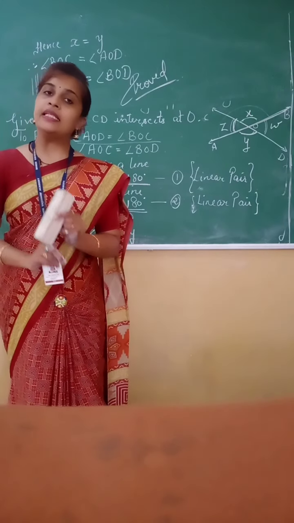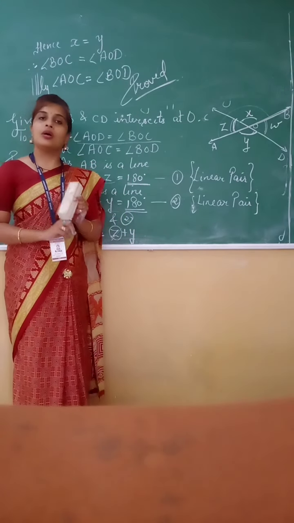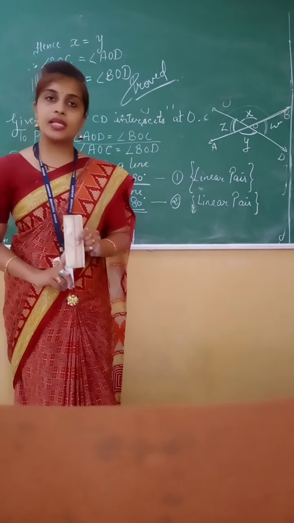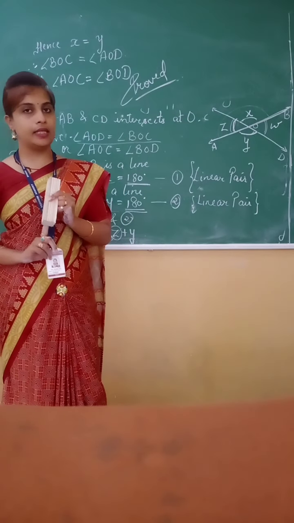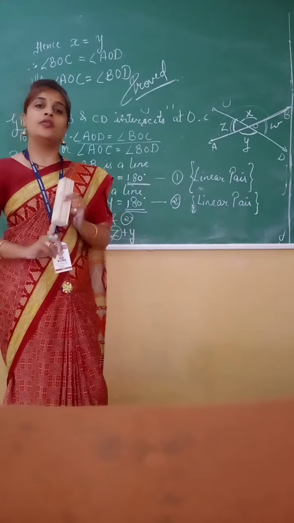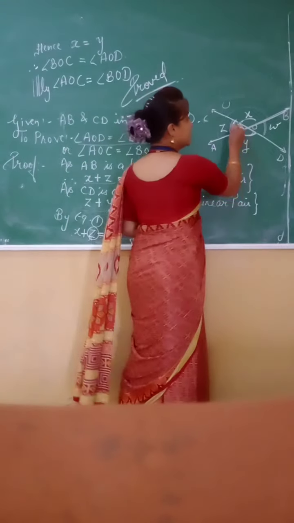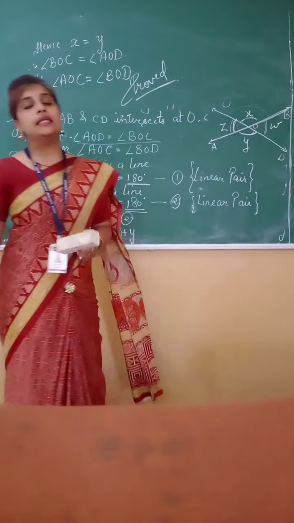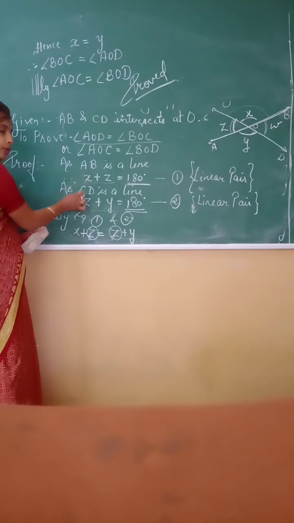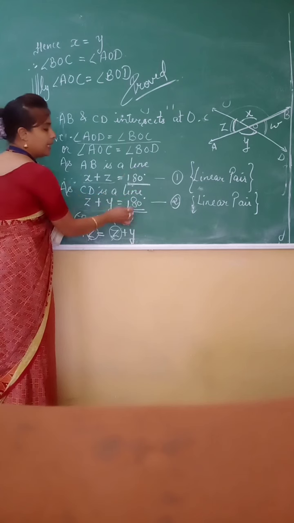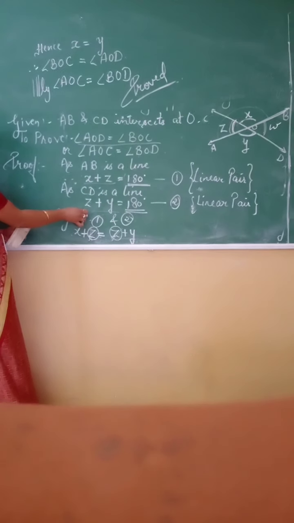Clear to all of you? This is the first theorem of our exercise. The theorem says that the vertically opposite angles are equal. This is what we have to prove. For proving it, we took the straight line. Then the sum of the angles of the straight line is 180 degrees. Equate both the terms. On equating, if RHS are equal, then LHS is also equal.